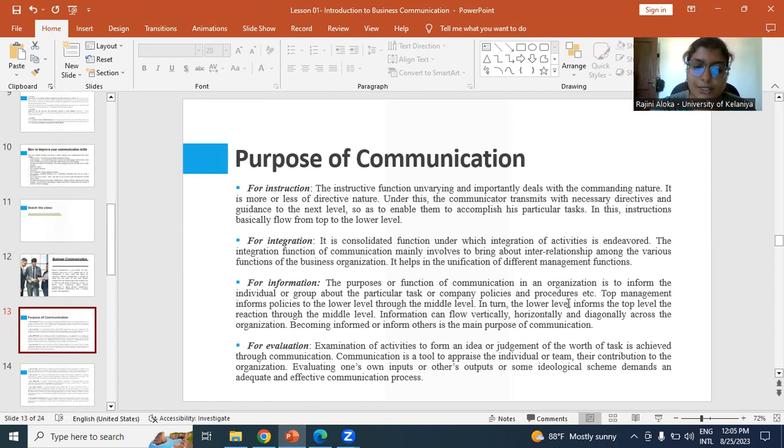For integration, it is a consolidated function under which integration of activities is endeavored. The integration function of communication mainly involves bringing about interrelationship among the various functions of a business organization. It helps in the unification of different management functions.